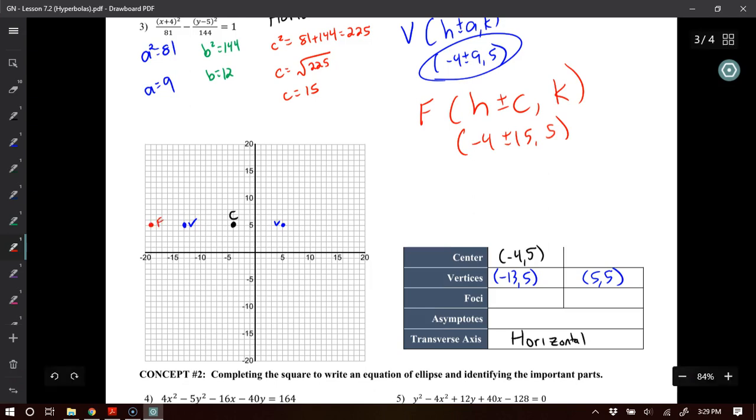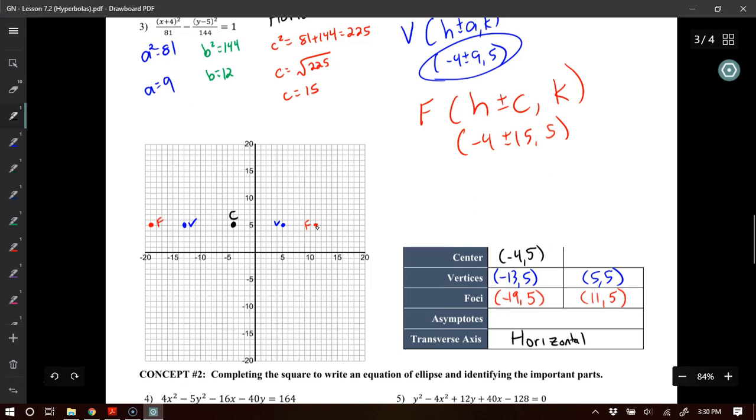There's the focus. And I'm going to go to the right 15 units, which puts me over here. So there's the other focus. Those would be the coordinates -19, 5, which is -4 minus 15, and then 11, 5, which is -4 plus 15. Same idea, I just counted.